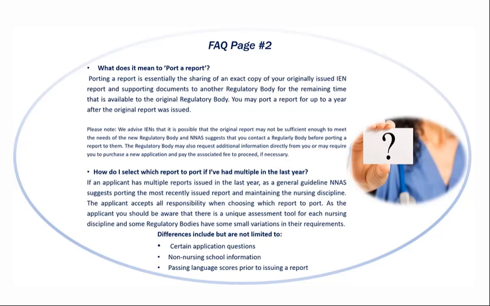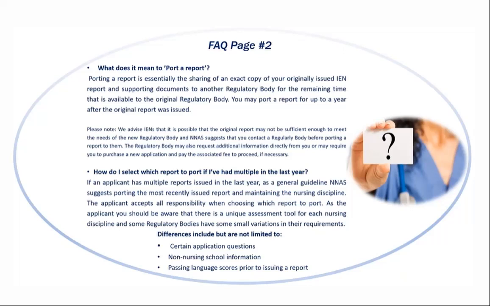To give you an example of this, if I apply as an RN to Ontario and my report is issued, once that report's issued, for a nominal fee, we'll allow you to port an exact copy of that RN report for Ontario to another regulatory body. So say it's issued and you decide, you know what, I think I'm going to apply in a different province.